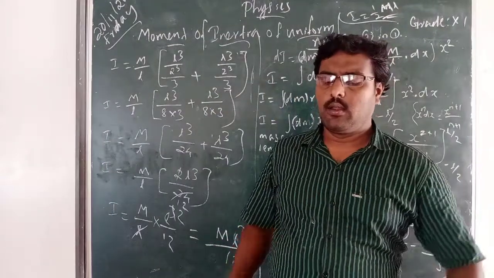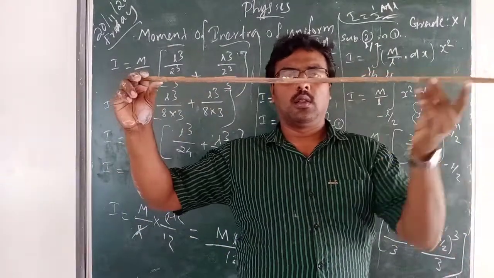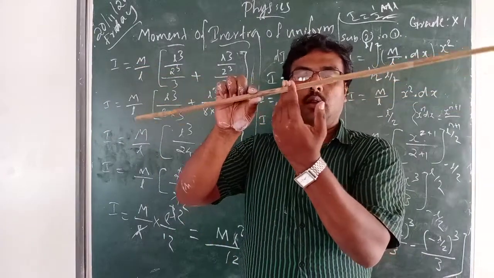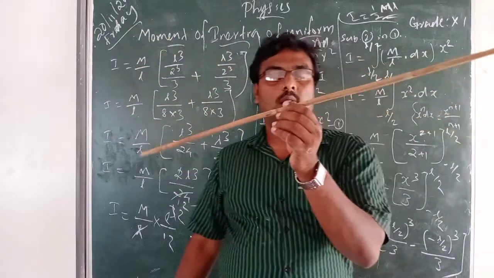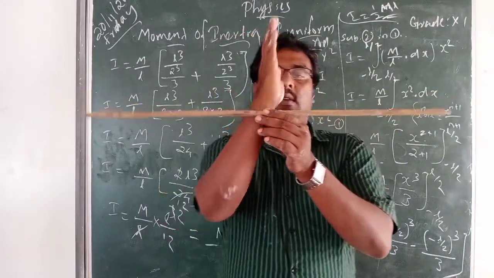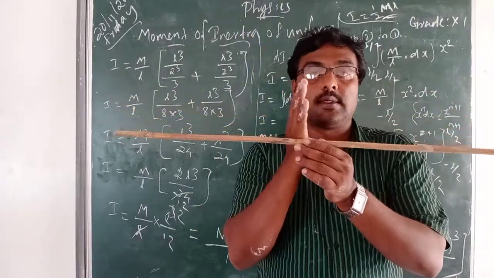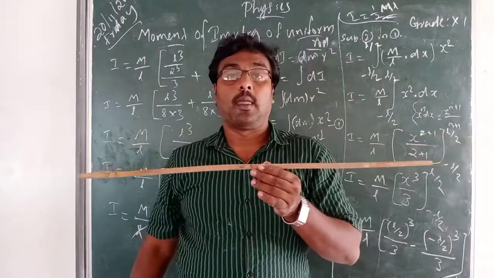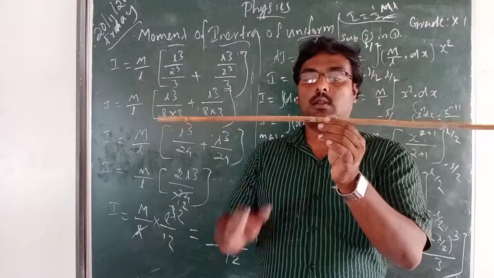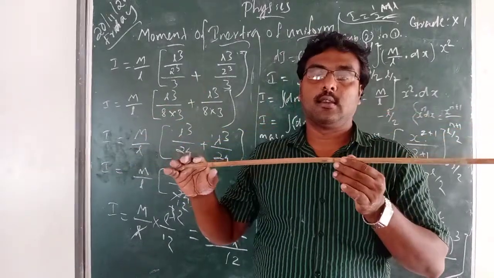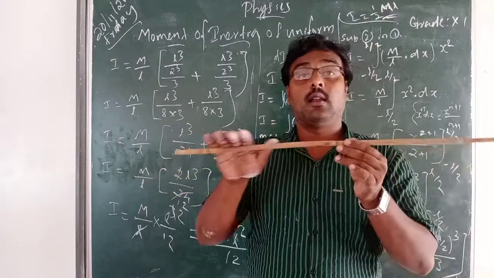This rod is kept with its center at the origin of a coordinate system. That means this rod is kept on the x-axis and its length is L.